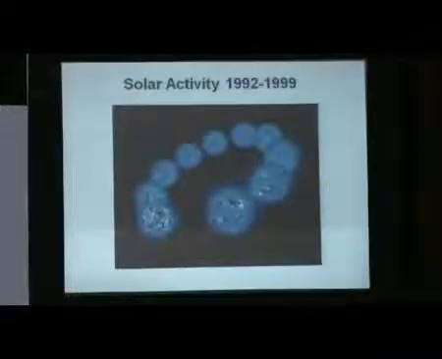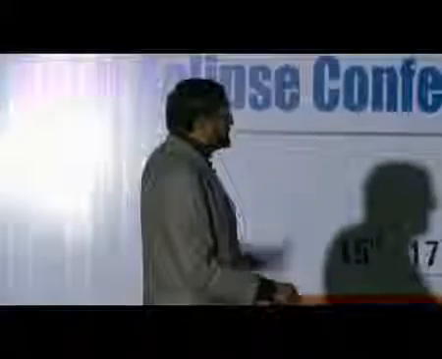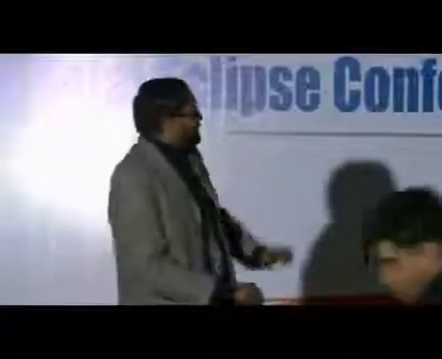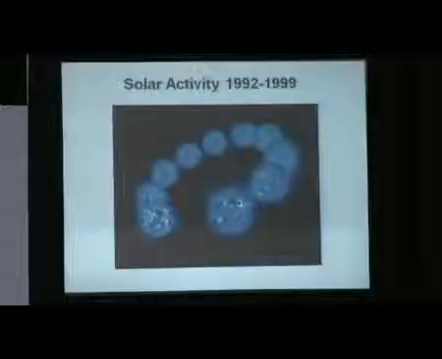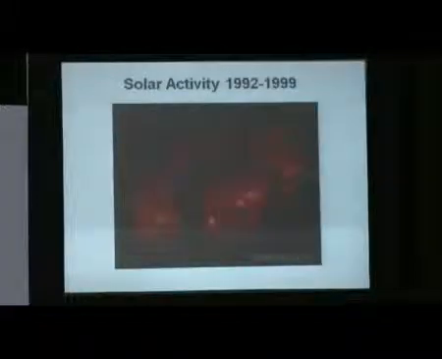Suppose I see these magnetic images from 1992 to 1999. 1996 was the minimum period. You see these are magnetic maps of the sun. The magnetic field was high, then went to very low values, and then again became higher. If I overplot the X-ray images, it's exactly the same.